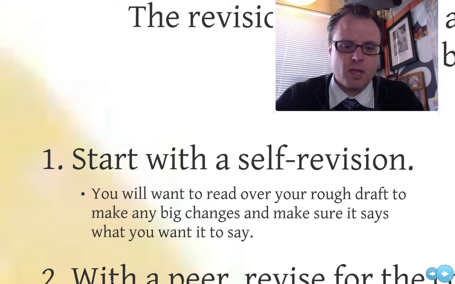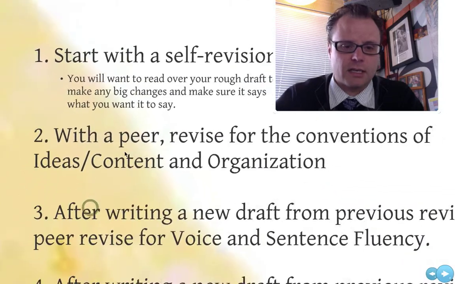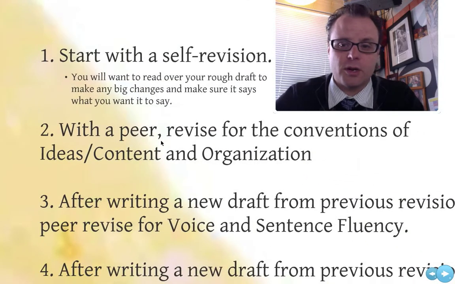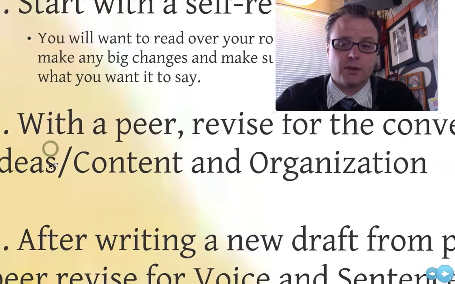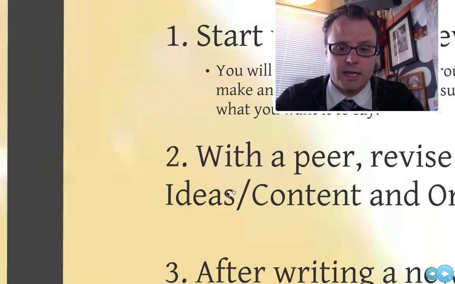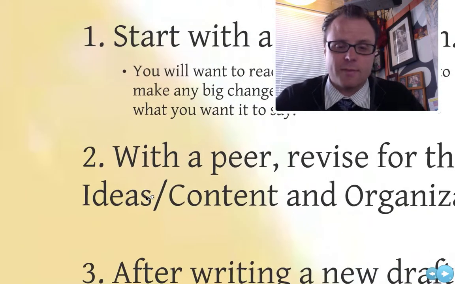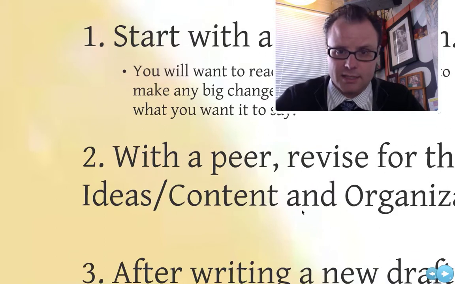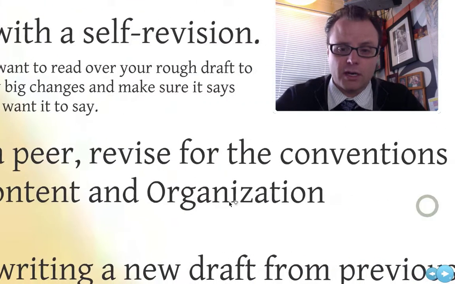Okay. Then, once you have the second copy, you're going to, with a peer, revise that for the conventions of ideas and organization, or ideas and content, and then organization. Those are the 2 traits. So you want to make sure that ideas and content is talking about what you want it to talk about. It has all the content in there that you want, and that it's organized in a way that makes sense. Okay, that's right here.